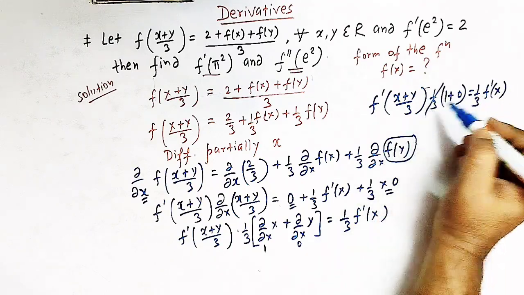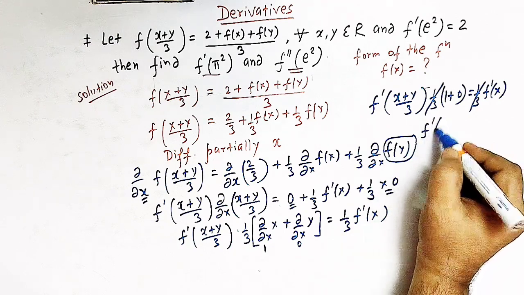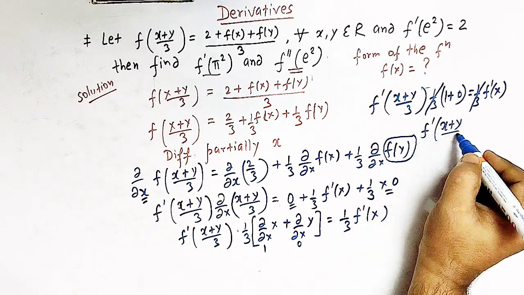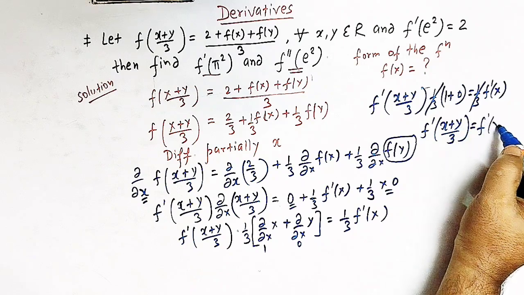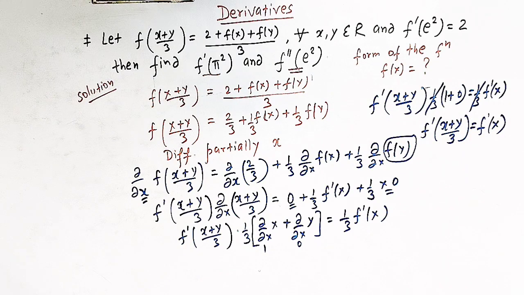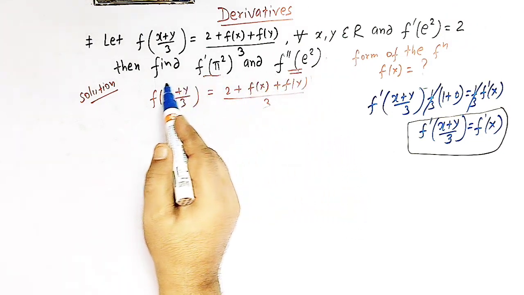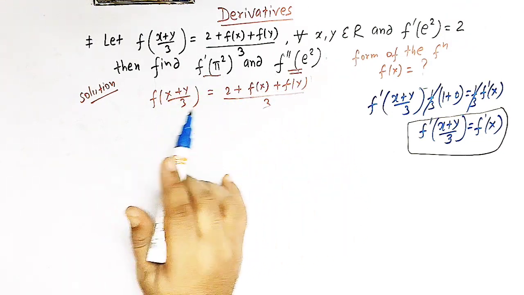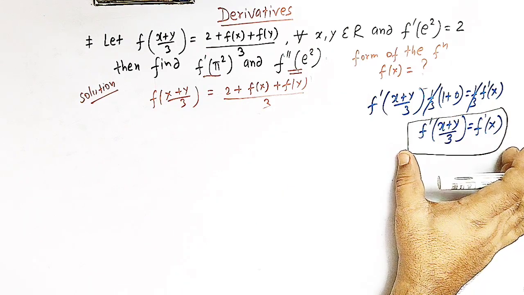Now 1 over 3 and 1 over 3 get cancelled, so we have f prime of (x plus y) over 3 is equal to f prime of x. So after differentiating this equation partially with respect to x, we have arrived at this important equation.